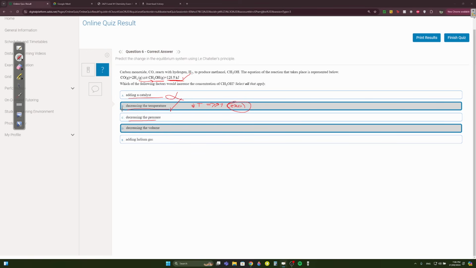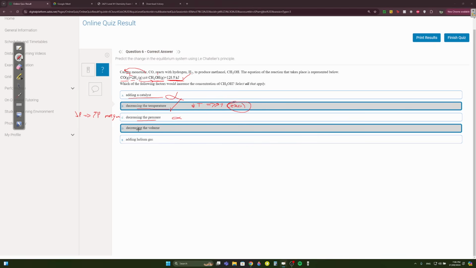If you decrease pressure, the system wants to increase the pressure, and to increase pressure you want more gas moles. Here you have 2 moles of gas on one side and 1 on the other, so it's going to go backward, and we don't want that.